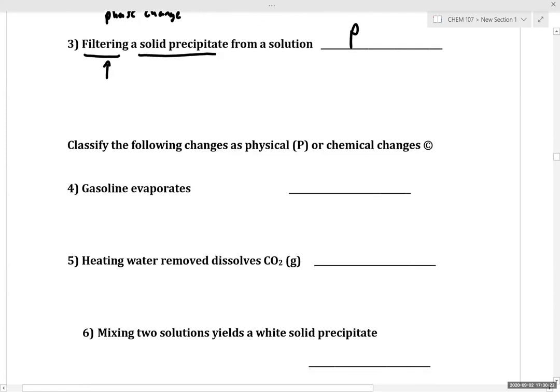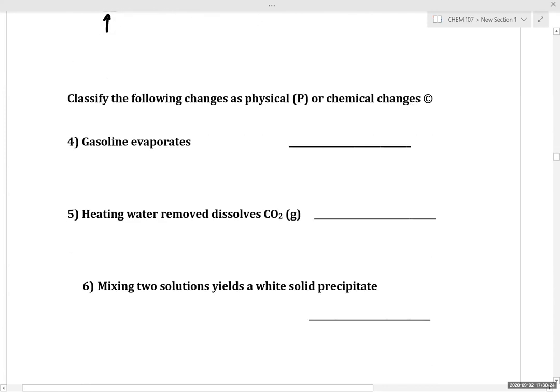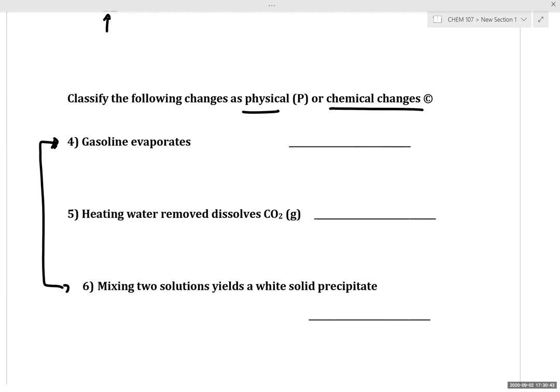Next, I'd like you now to take about 3 minutes and look at the following set of changes and classify them as physical or chemical changes. And I'd like you to share your responses in the chat or verbally.